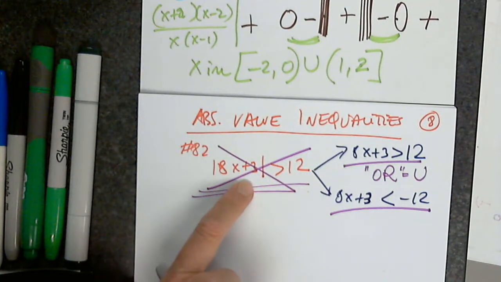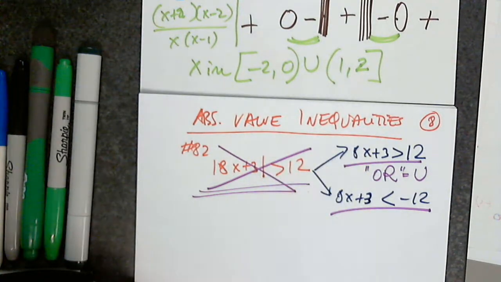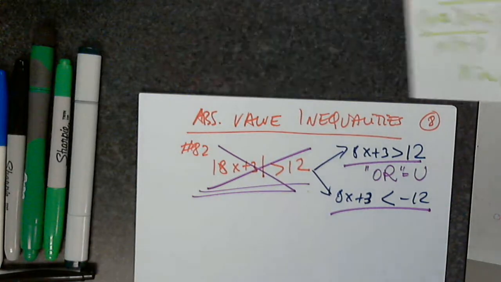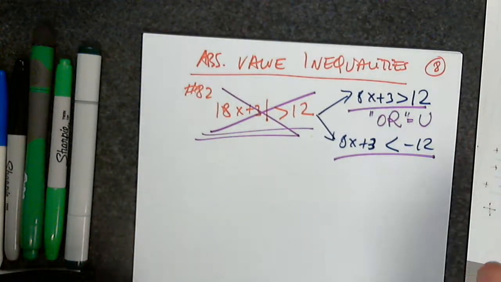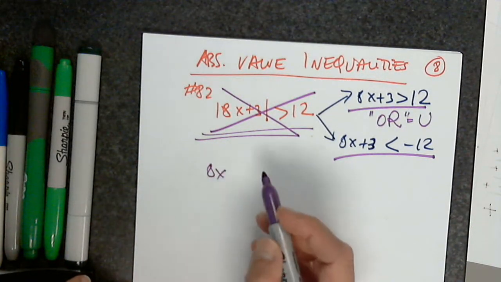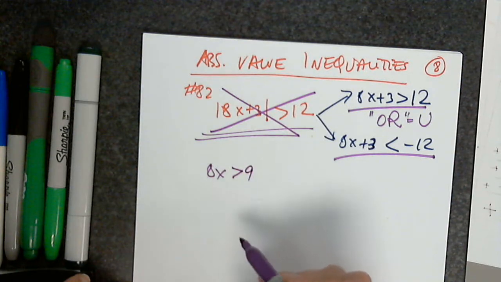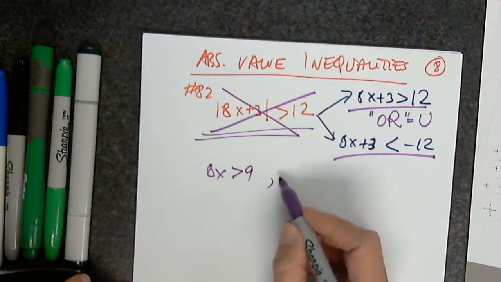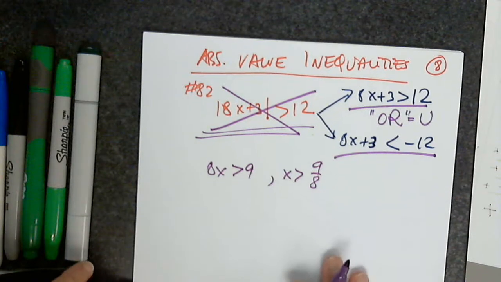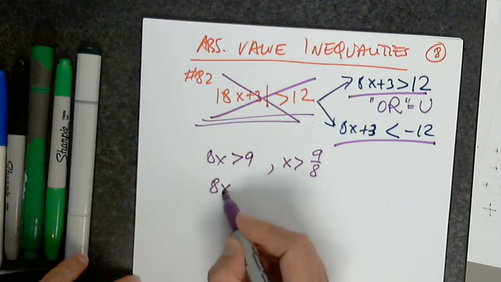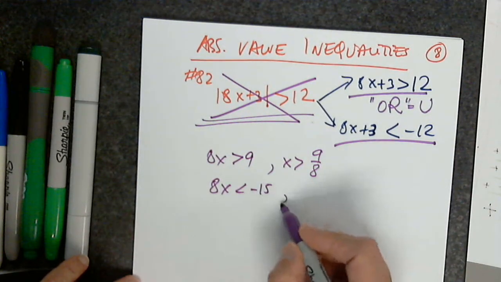But we don't know how to solve this one if we cannot convert it into two simple linear inequalities. So here I subtract 3. Yes, Shane, go ahead. And divide by 8. Of course, here I subtract 3 and divide by 8.